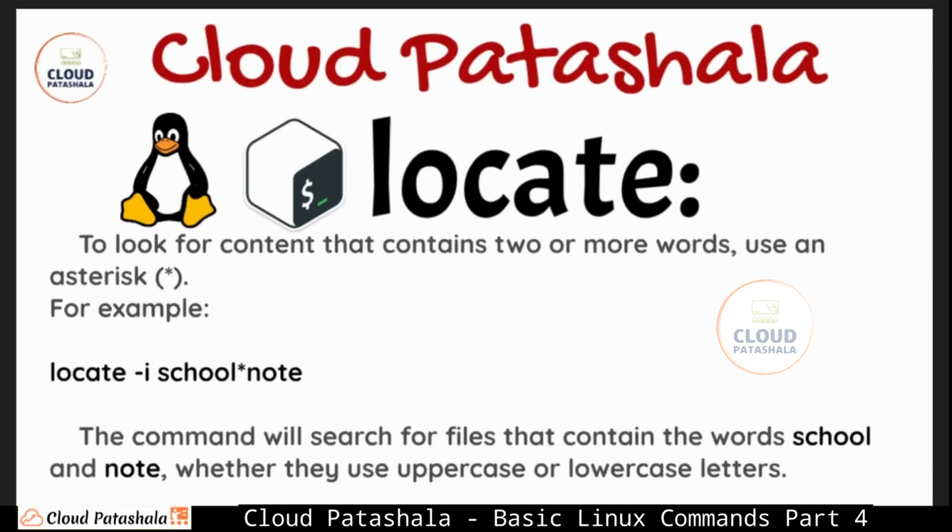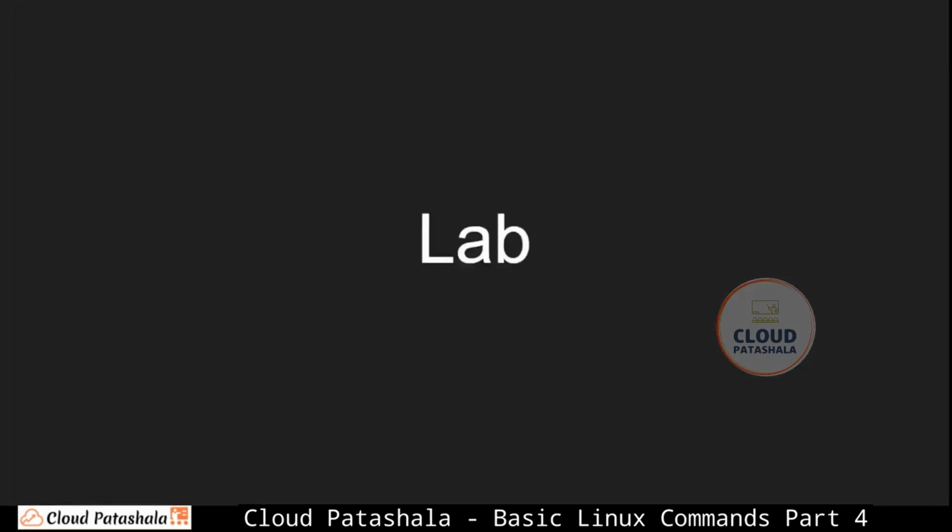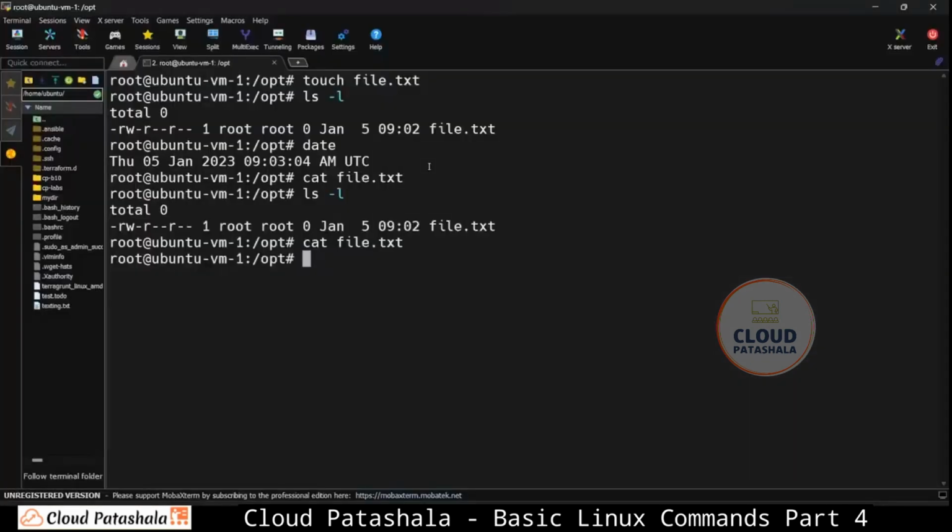To look for content that contains 2 or more words, we can use an asterisk, that is a star symbol. For example, we can say locate -i school star note. What this would do is it will search for files that contain the words school and note, whether they are uppercase or lowercase.